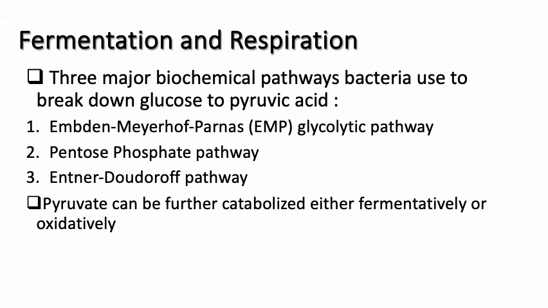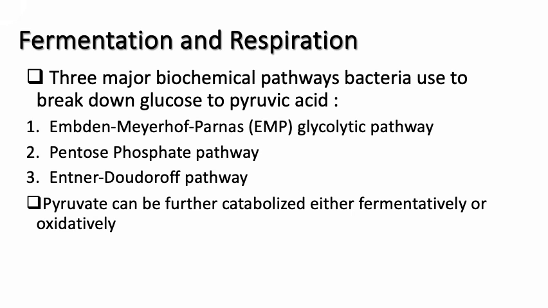So all convert glucose to pyruvic acid. And the pyruvic acid may then be processed with fermentation or oxidation. So if you are asked what are the two types of processing of your pyruvate, they can be processed fermentatively or oxidatively.